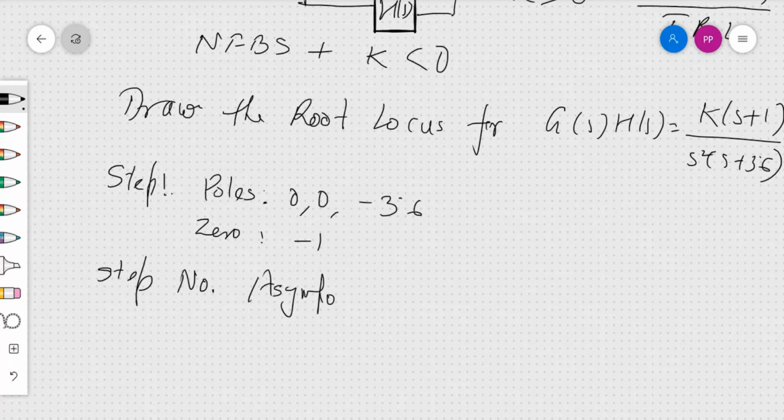Number of asymptotes equals n minus m, which is 3 minus 1 equals 2. So we have two branches of the root locus terminating at infinity.